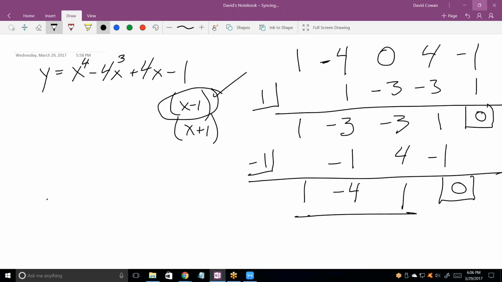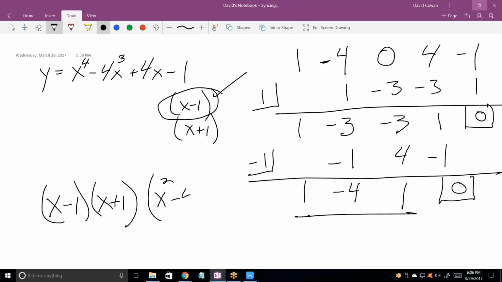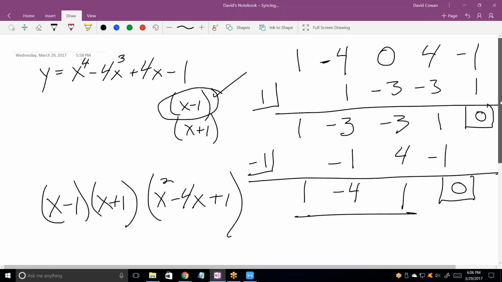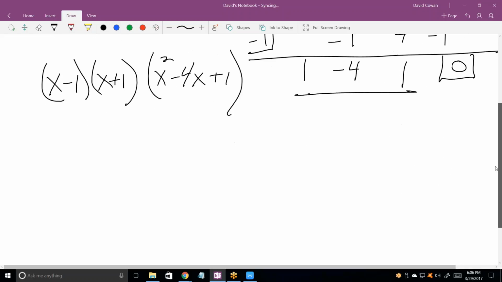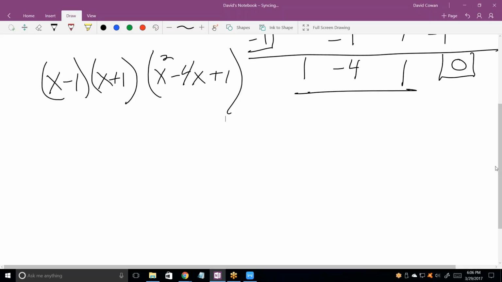In other words, I now have x minus 1 times x plus 1 times this quadratic, which is x squared minus 4x plus 1. You see where I get that quadratic? Okay. Now, to fully factor it, which they want you to do, because I can see from her key, you got to use the quadratic formula on that.